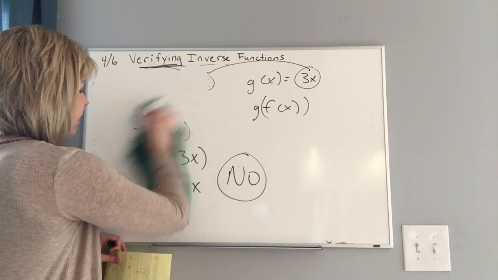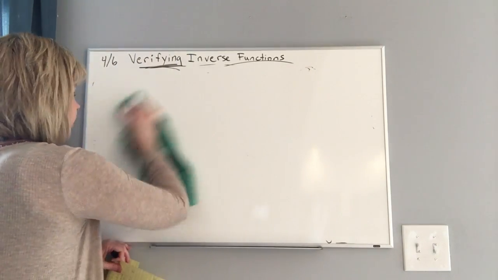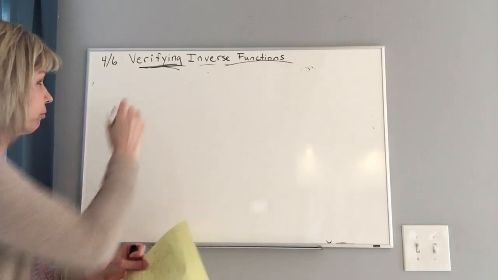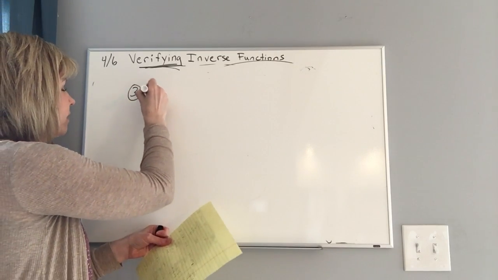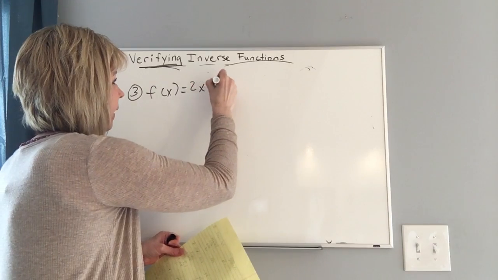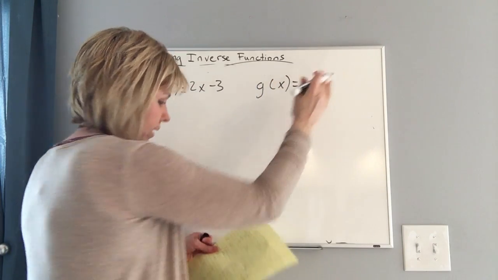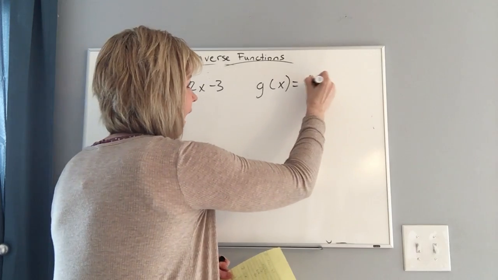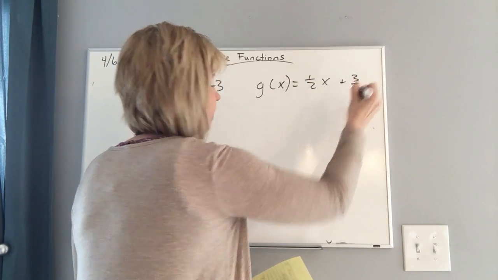So we're verifying them. So we're finding f of g of x and g of f of x. All right, number 3 here. Go ahead and write f of x equals 2x minus 3, and then g of x equals 1/2 x plus 3/2.